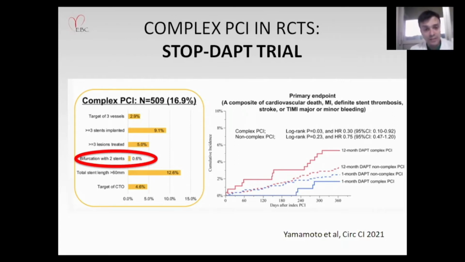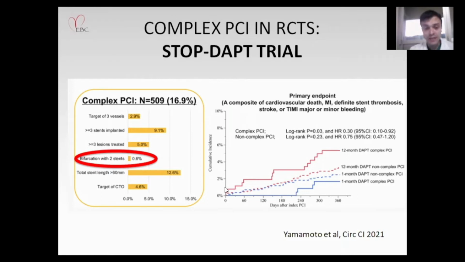Putting all of them together, a longer length of DAPT, 12 months, reduced the risk of MI and thrombosis, that is the risk of NACE, compared to 1-month DAPT in complex PCI. And this trend was not present in patients with non-complex PCI.